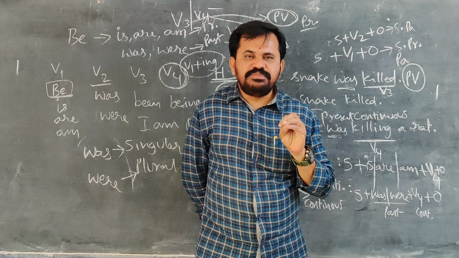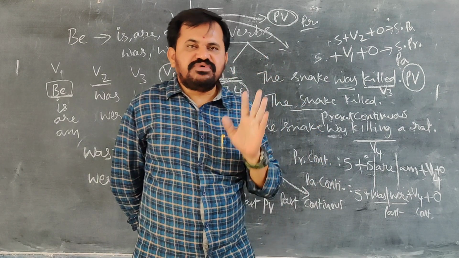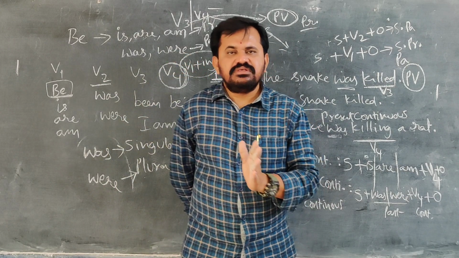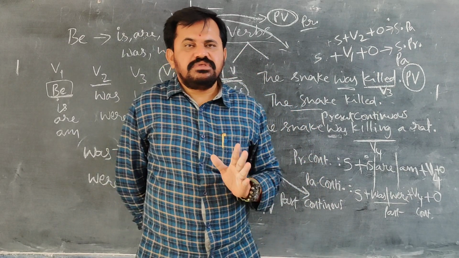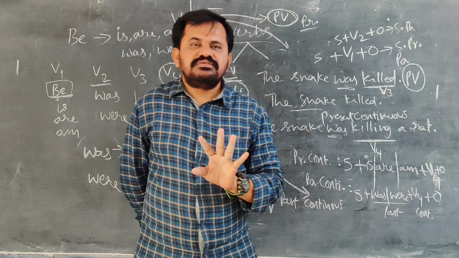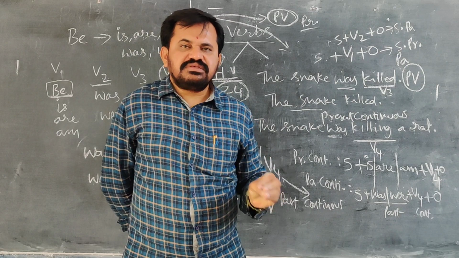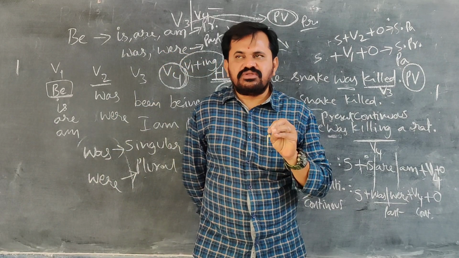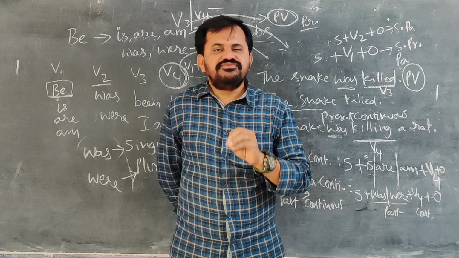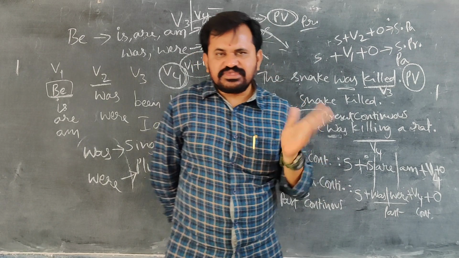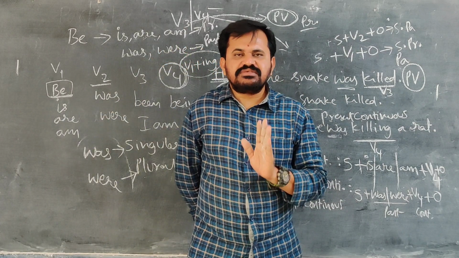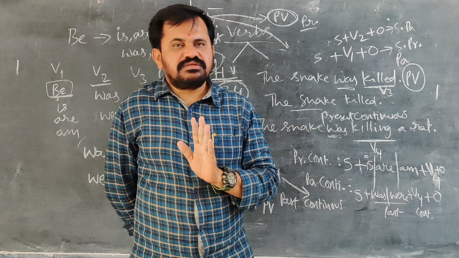Among the five be forms, you have only was and were to take for past tense. So was or were should be kept before V4. Was or were plus V4 is the indication of past continuous tense. Was or were indicates past tense, and V4 indicates continuous. Before it the subject, after it the object. So subject plus was or were plus V4 plus object.